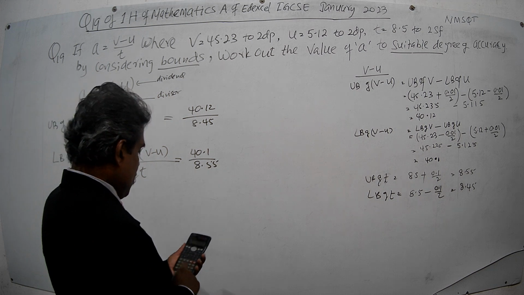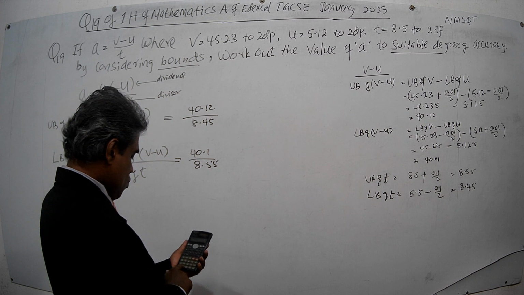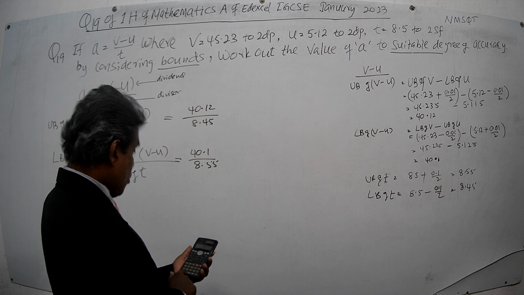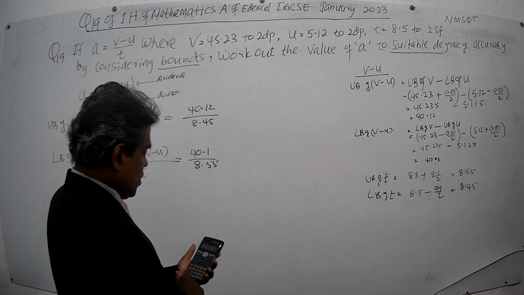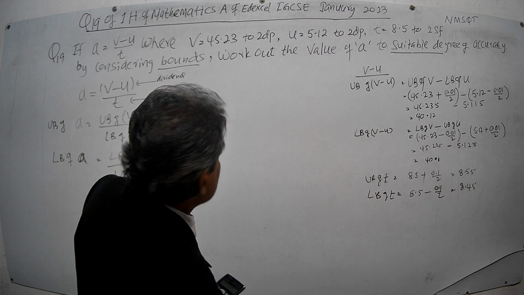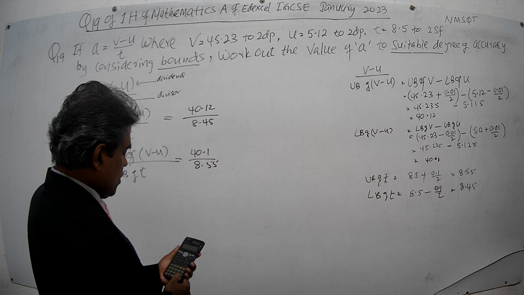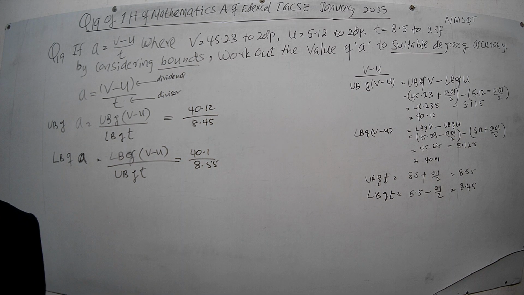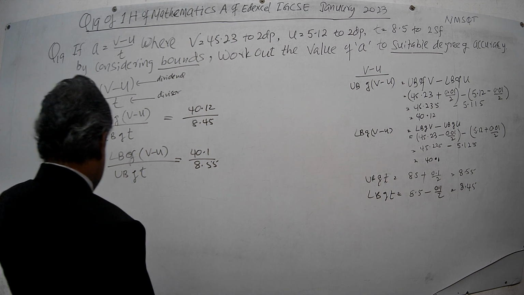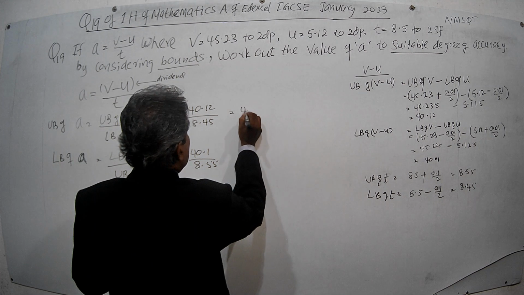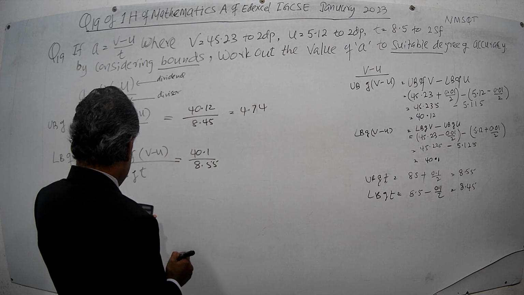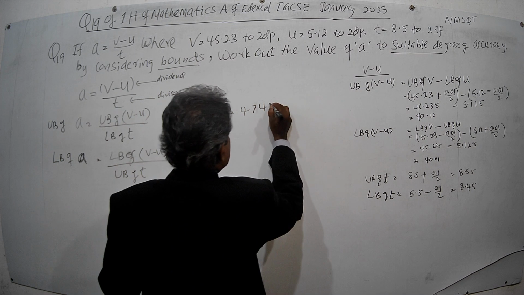We will calculate using the calculator. 40.12 divided by 8.45, and the answer will be 4.747928.